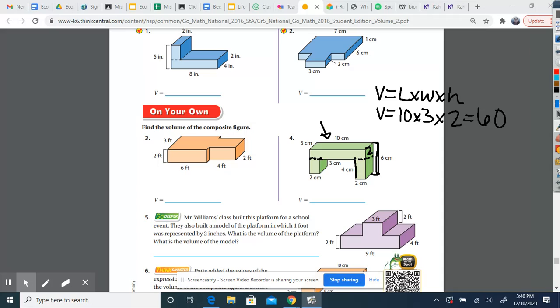So now I want to look at this section right here. So I'm going to rewrite this. So we need length times width times height. So I'm going to use 2 as my length. My width, I need to know what this is right here. So if we look up here, we have the same distance, because you got to imagine this is going straight up like that.